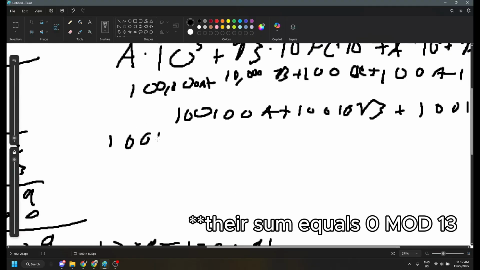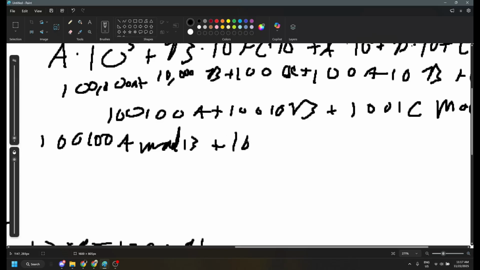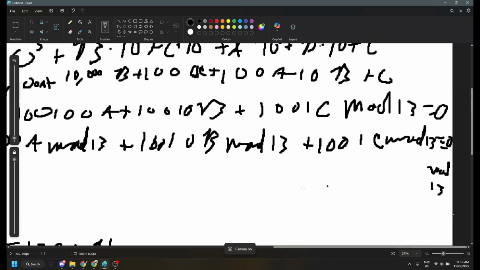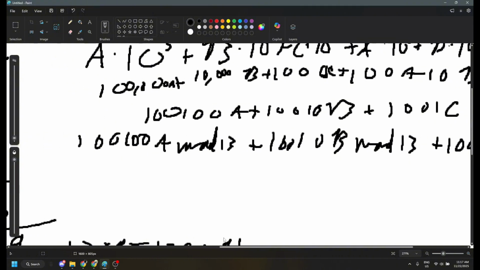So 100,100A mod 13 plus 10,010B mod 13 plus 1001C mod 13 is equal to 0. And of course this is mod 13, because this will probably equal like 13 or 26, I don't know. We'll see.